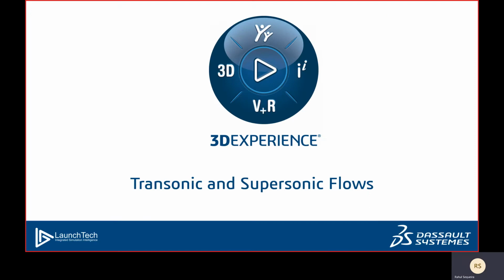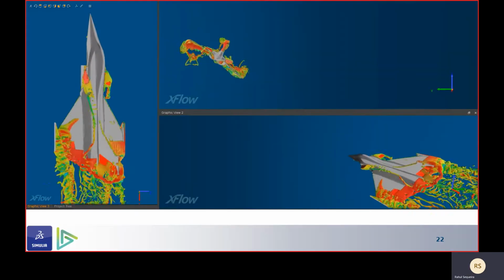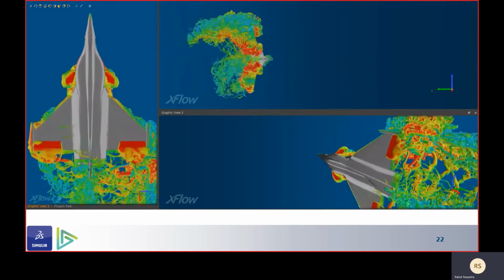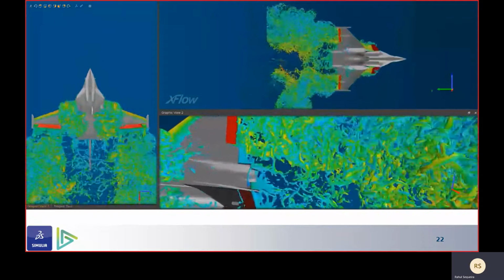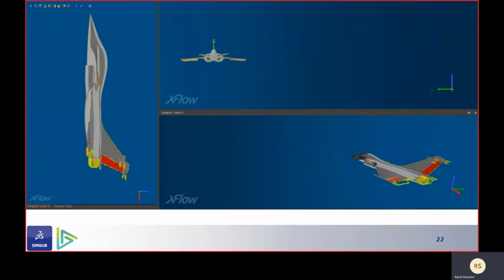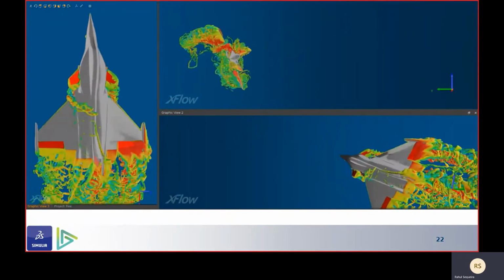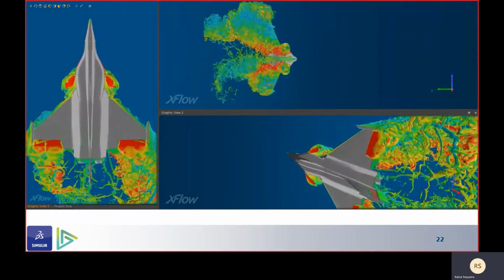Let's talk about the need for transonic and supersonic flow solvers. As you all know, as aircrafts, especially fighter jets, are getting more advanced, CFD analysts require a tool that's able to accurately solve maneuvers in simulation.